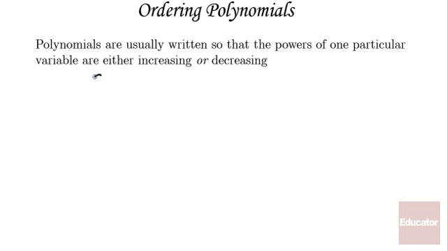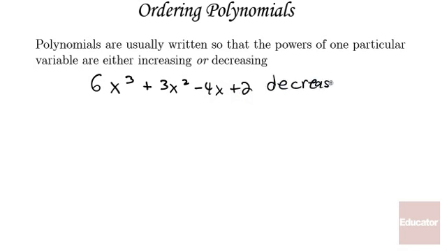For example, if I have the polynomial 6x cubed plus 3x squared minus 4x plus 2, this is written in decreasing or descending order according to x, because I'm starting out with my x with the largest exponent, the largest degree, which is 3. Then I'm going to 3x squared, then minus 4x, which would be just x to the first, then the constant.